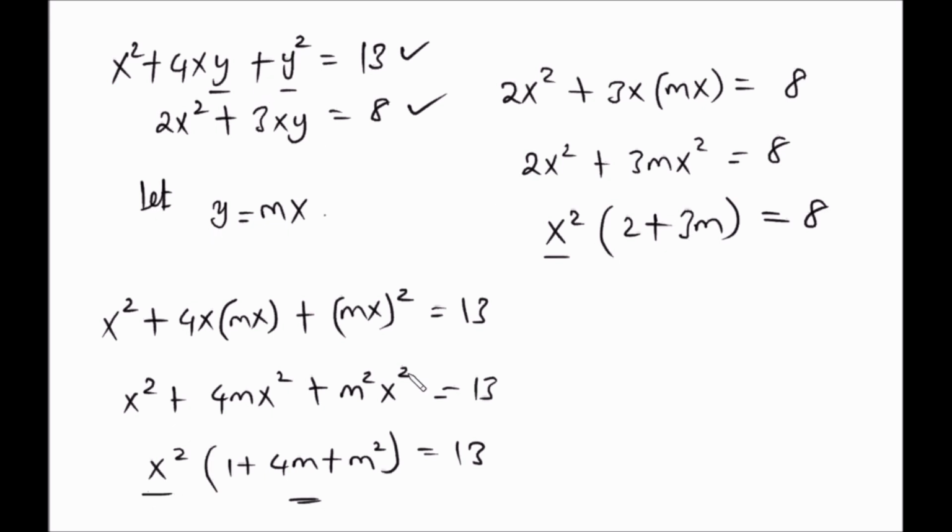So if I divide these two equations, the first equation and the second equation, x squared taondoka. So I can look for the value of m. Now let's do that. Kwa hiyo divide equation 2 by 1.